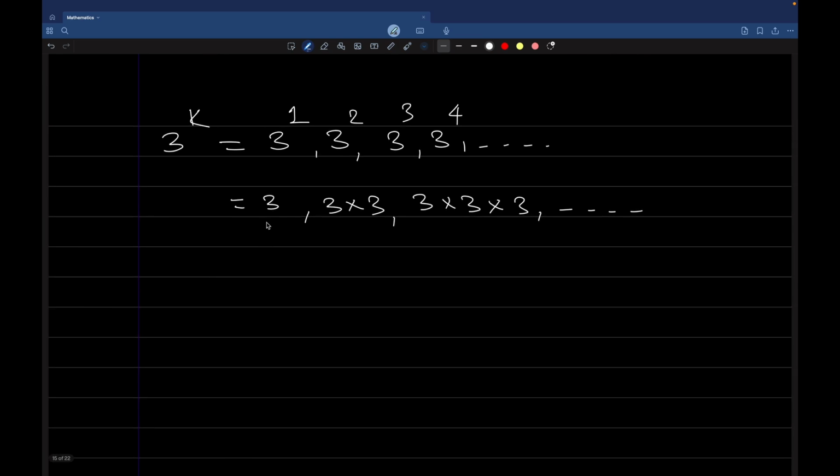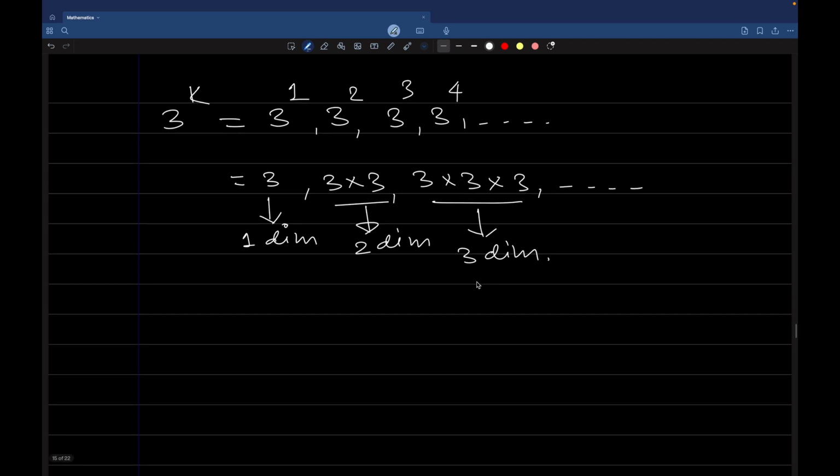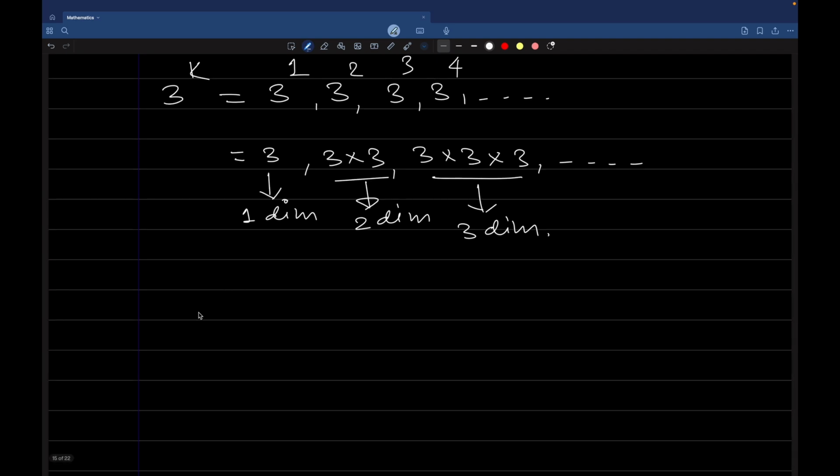This is in 1 dimension, this is in 2 dimensions, x and y, this is in 3 dimensions, and similarly higher dimensions, that is 4, 5, and 6 dimensions. If we plot this, in the x direction there are 3: 1, 2, and 3. If we plot in 2 dimensions, 3 in the x direction and 3 in the y direction.